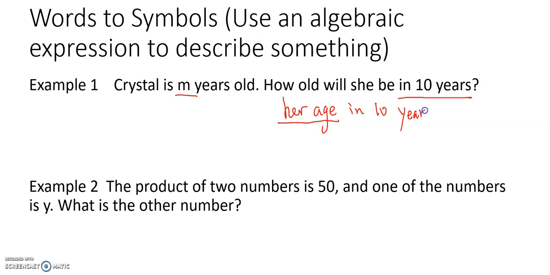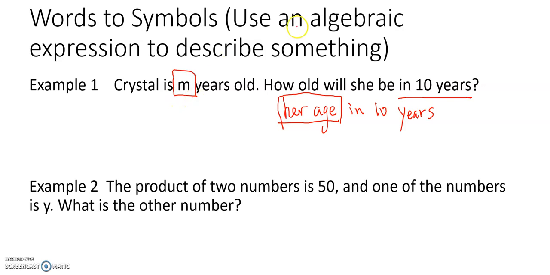Well, if she tells you she is, let's say, 20 years old, in order to find her age in 10 years, we just add 10 to 20, and she will be 30 years old. But since we don't know how old she is, you're not going to be able to tell exactly how old she is. So the answer, her age, is not going to be a specific number in this case, because we don't really know exactly how old she is.